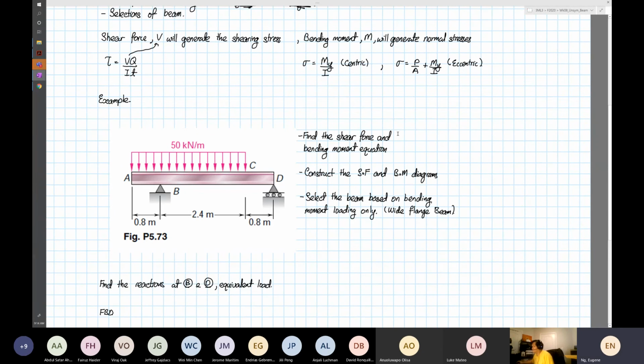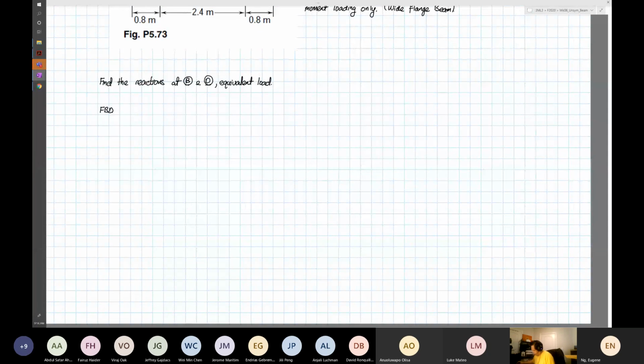On this free body diagram, this is point A. Over here, this is our point B. And then we have our point C. And then over here, we have our point D. And we know that we have a reaction at point B, and we have another reaction at point D.